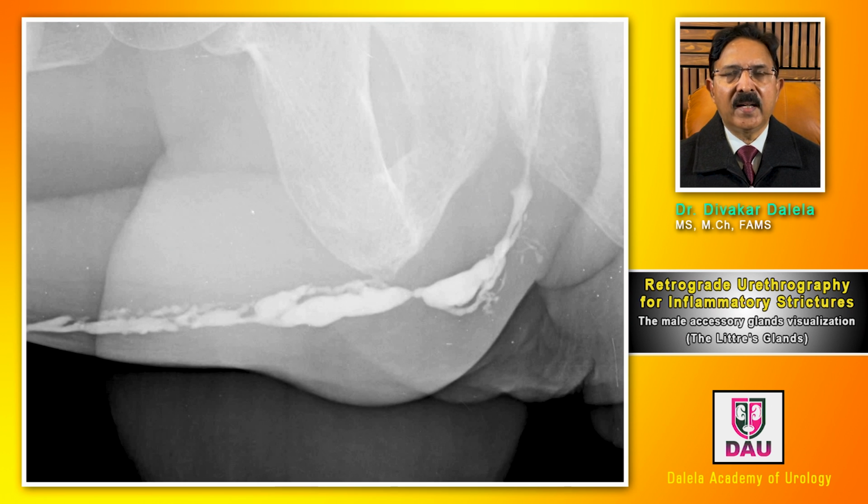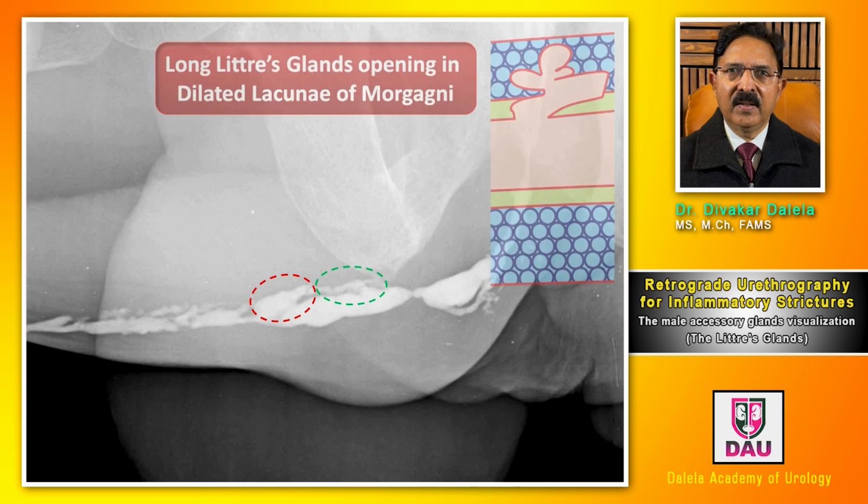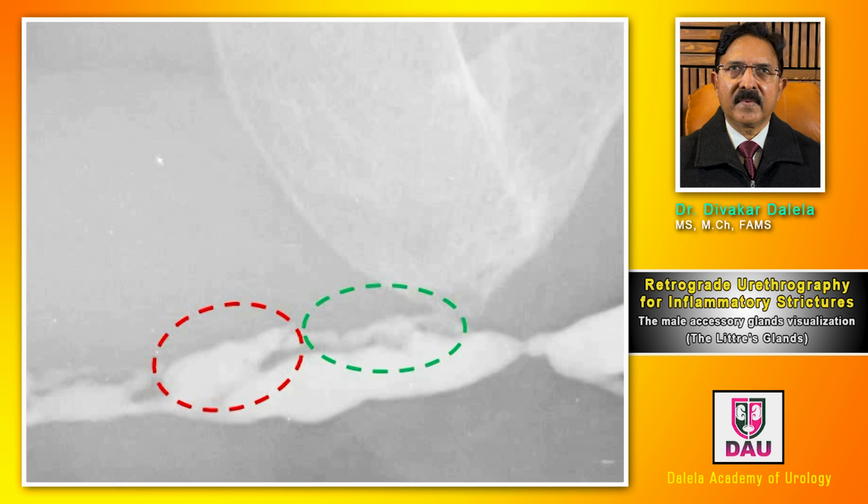Now let us look at another retrograde urethrogram of inflammatory urethral stricture. If I were to ask you what lies within the red outline and what lies within the green outline, you would say that within the green is a long Littre's gland which is opening by the help of a widely dilated duct into the dilated lacuna of Morgagni.